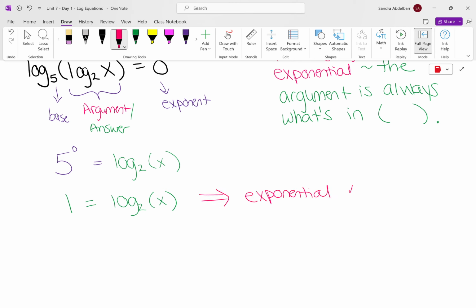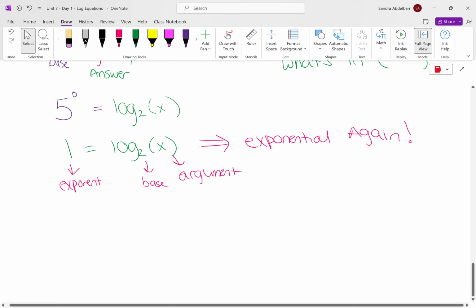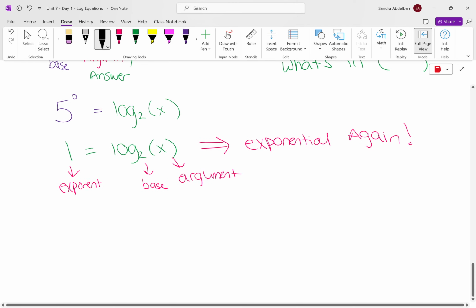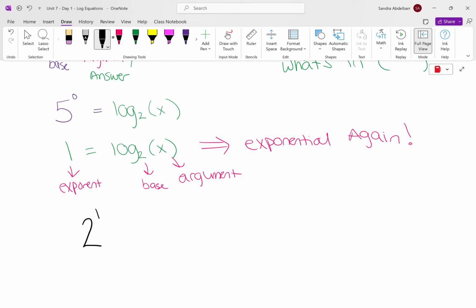What am I going to do again? Exponential again. So remember, what's in the parentheses is my argument. This is my exponent.